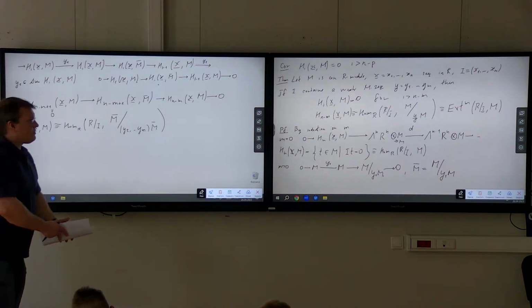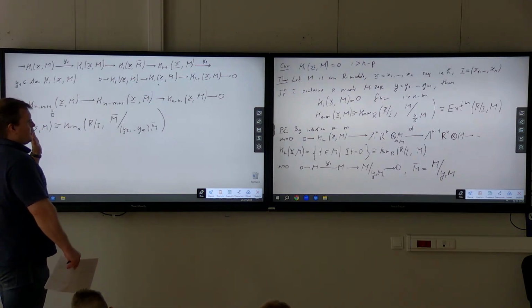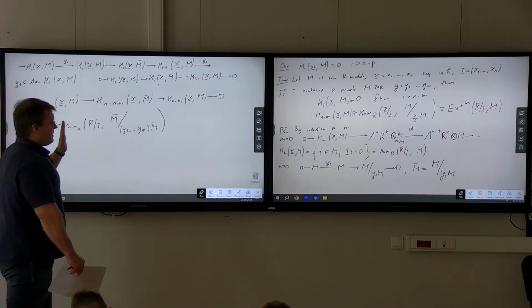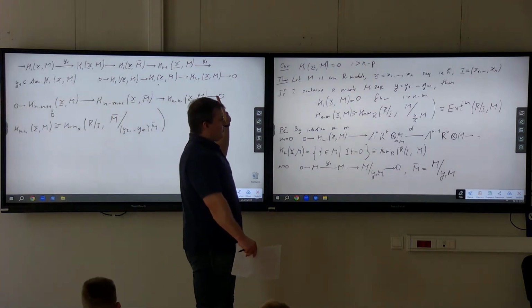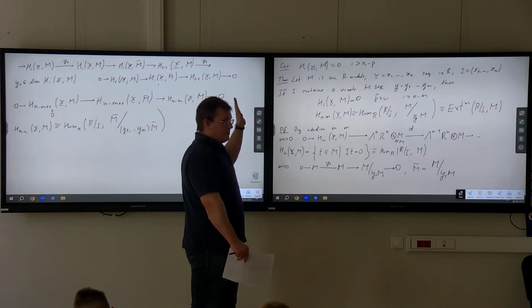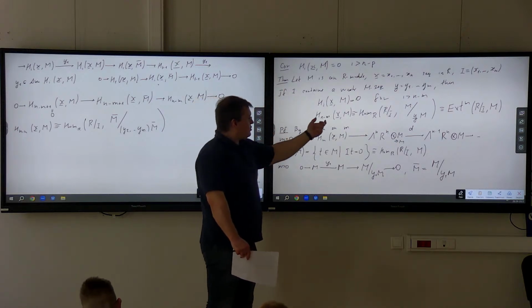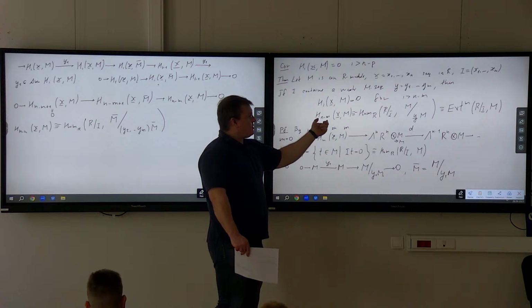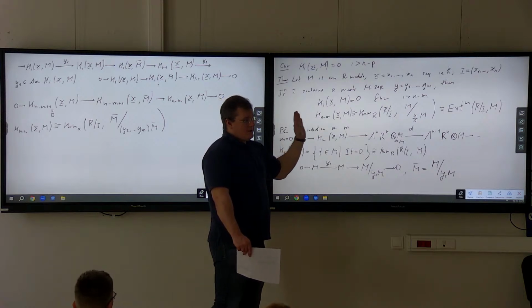I think it's useful to imagine in your head how the homology of the Koszul complex lives. So we have a lot of vanishing when you go from the left, from the top degree. Then there is the situation n minus m where you have the first non-zero homology, and then there's something else.